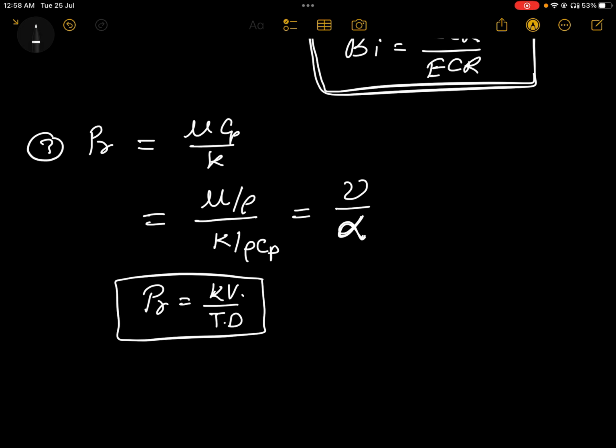Prandtl number is the only dimensionless number which is a property of the fluid, defined as the ratio between the kinematic viscosity of the fluid and its thermal diffusivity. Let's say we have a fluid flowing over a plate. This is the hydrodynamic boundary layer, but what about the thermal boundary layer?